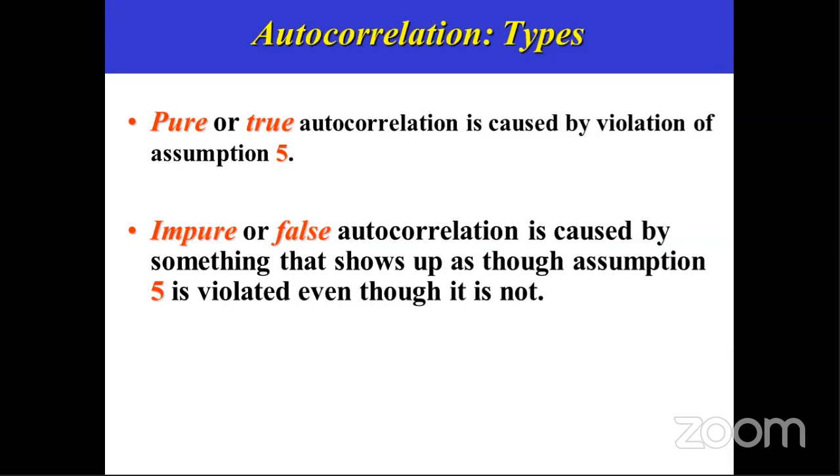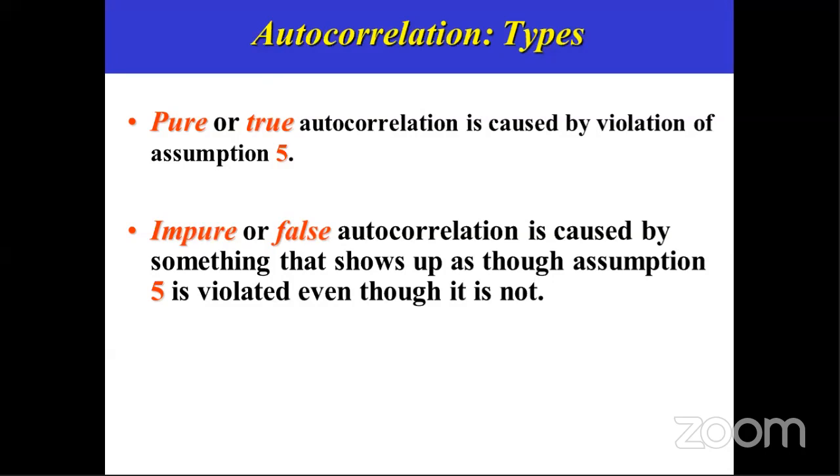The pure autocorrelation is caused by the violation of assumption number 5. If the error terms are autocorrelated, then we have a pure autocorrelation. So if ut and ut minus 1 are autocorrelated, or ui and uj are autocorrelated, or the covariance between these two exists, then we call that autocorrelation pure autocorrelation or true autocorrelation.